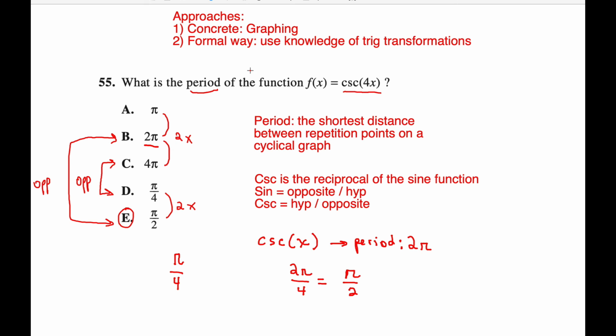That being said, one of the really interesting things about the way this question was designed is that if we have even just a basic understanding of the word period, and we understand that the cosecant is the reciprocal of sine, and it occurs to us to graph it, then we can still get the question right without any transformation knowledge.